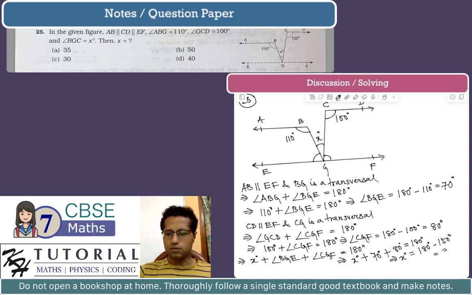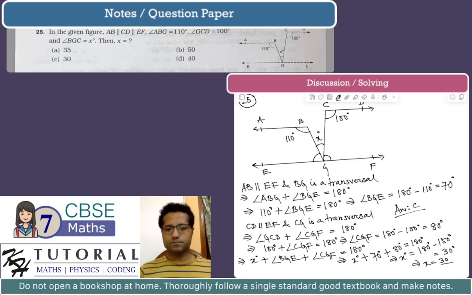This is equal to 30 degrees. So X is equal to 30. So the answer is choice C.